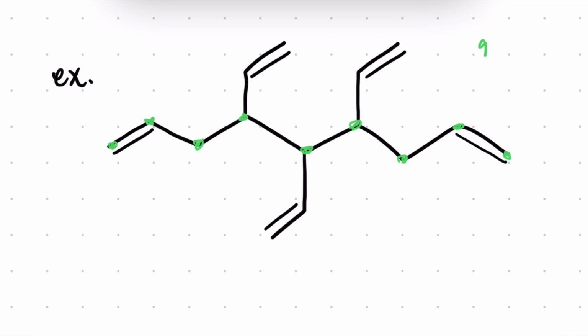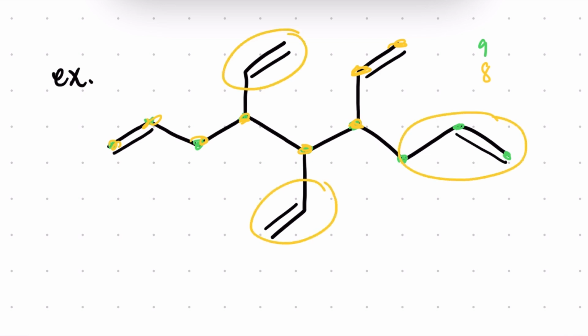Now you could also use this. But it has, let's see, 1, 2, 3, 4, 5, 6, 7, 8 carbons, but it has the same number of substituents. So since the 9-member chain is longer, but also has the same number of substituents as the 8-member chain, we would prefer the 9-member chain.